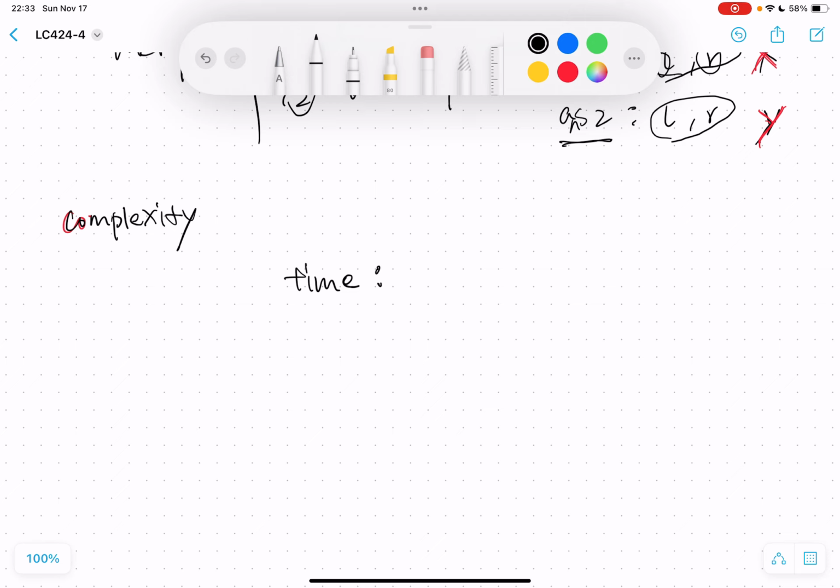We need log 1 billion plus. For every answer, we need O(N) time complexity, so multiply N. This is the time complexity. For space complexity, we don't need extra space or special data structures, so the space complexity will be O(N).